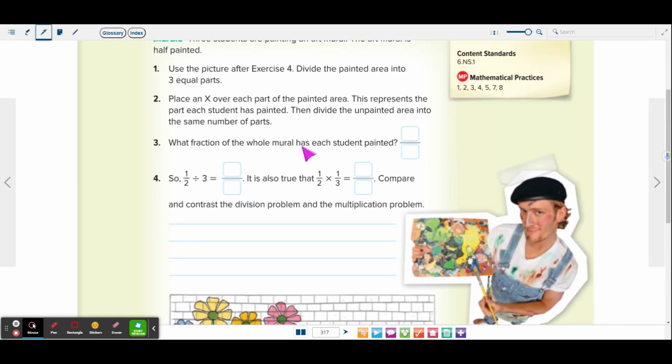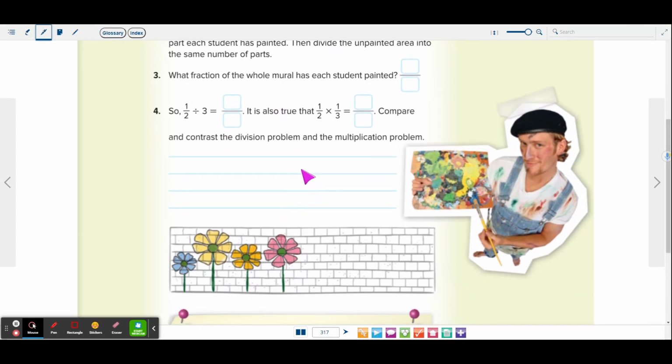Okay, let's start this over. The painted part should be divided into 3 parts. So we want, okay, this is the painted part right here. So I need to put that into 3 equal parts. So let's see, 1, 2, 3. My lines are kind of crooked, but that's kind of 3 equal parts, right?